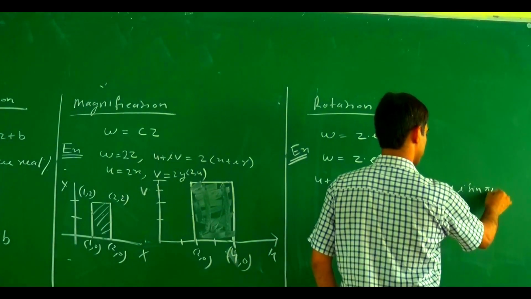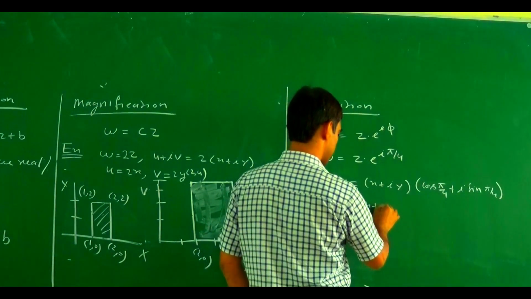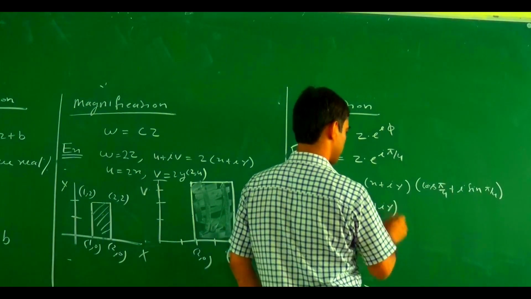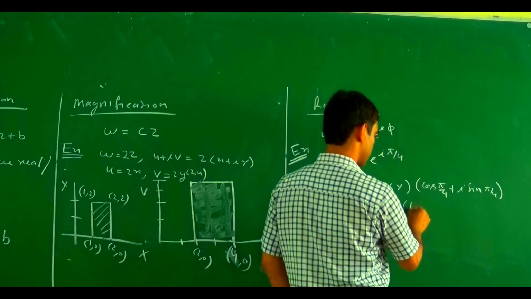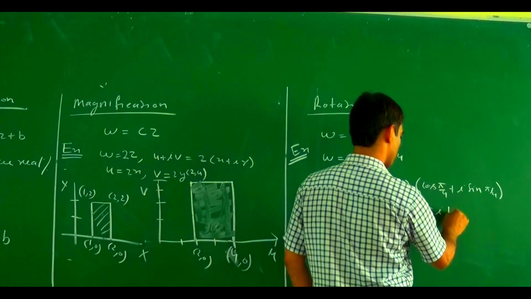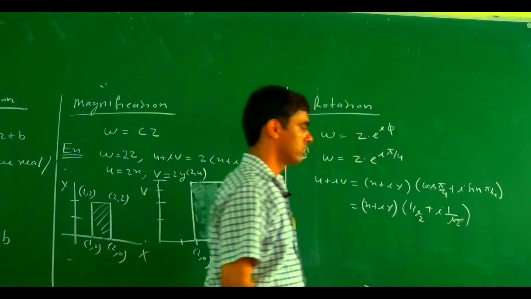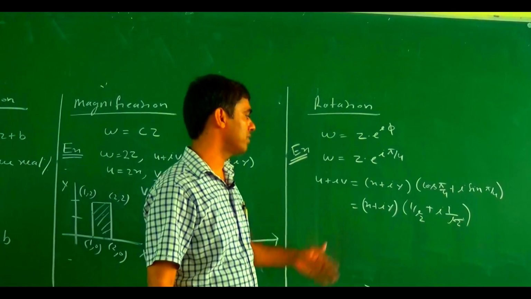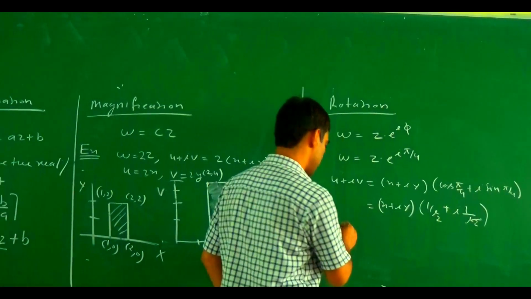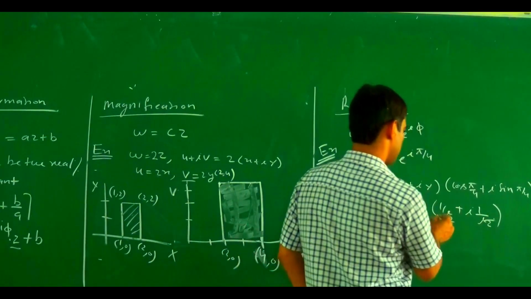So this becomes x plus iy into 1 by root 2 plus i 1 by root 2. So if we equate the real and imaginary parts, what is u plus iv?